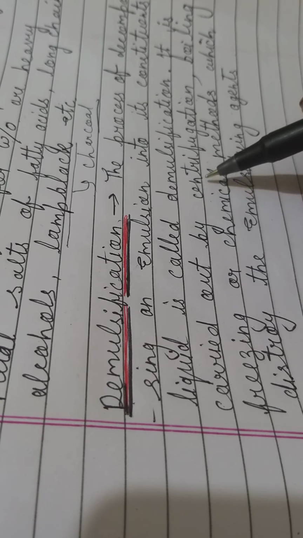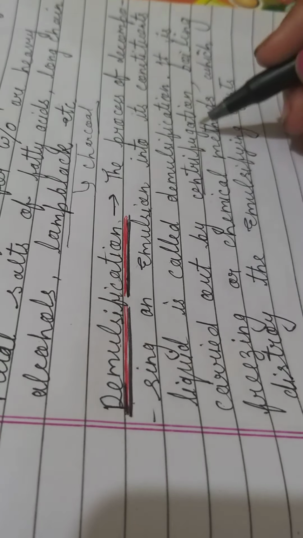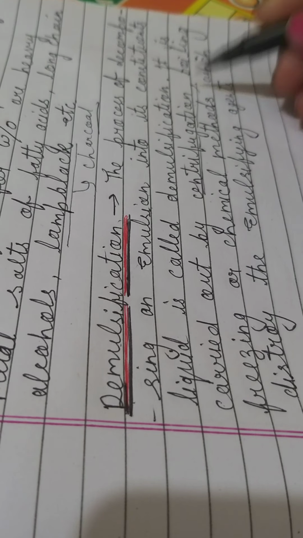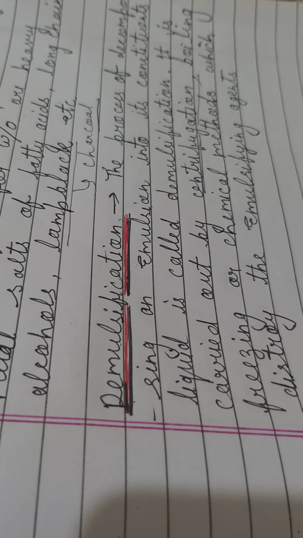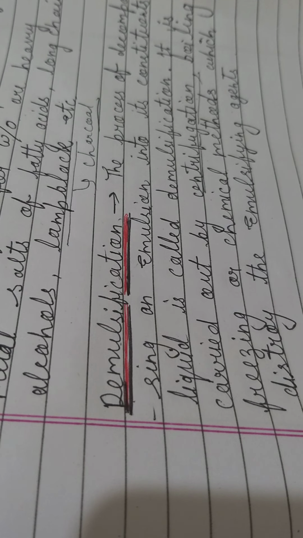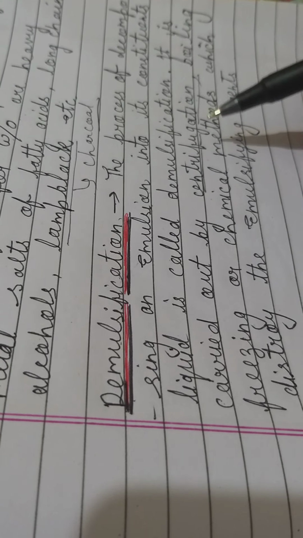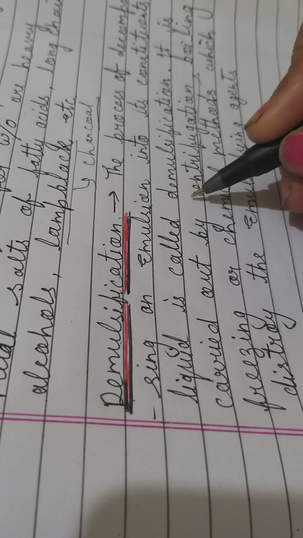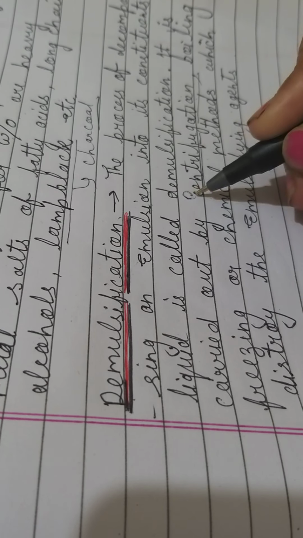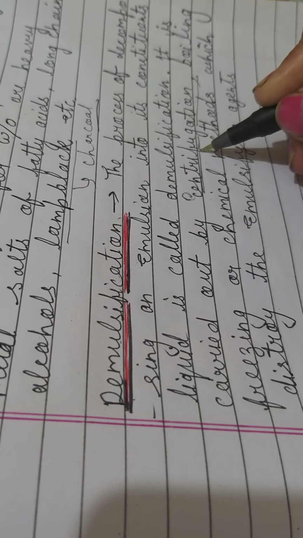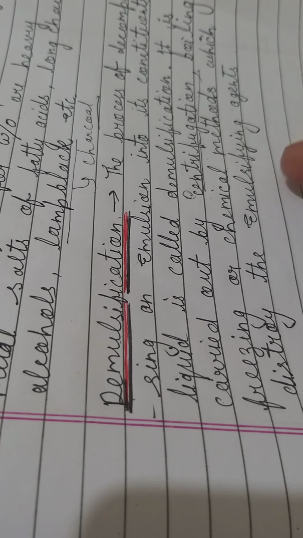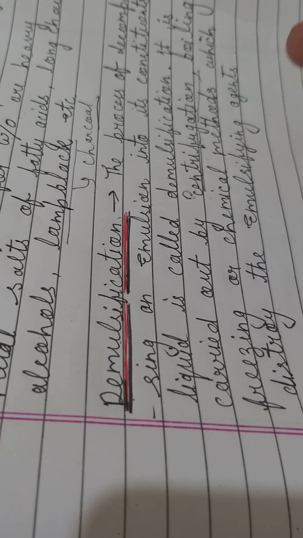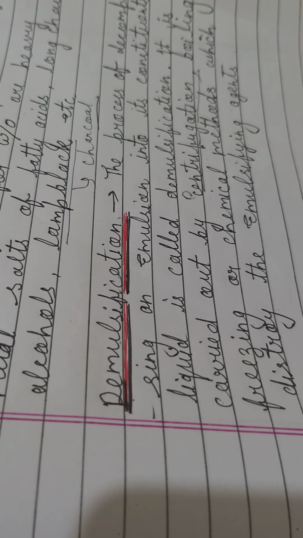Here I am giving you the best example with the help of centrifugation. In centrifugation, what we do, suppose we have to separate cream from milk. We start to stir it very fast in the opposite direction. When we stir very fast, it starts to separate cream from the milk, meaning it separates the oil component which is present in the milk.